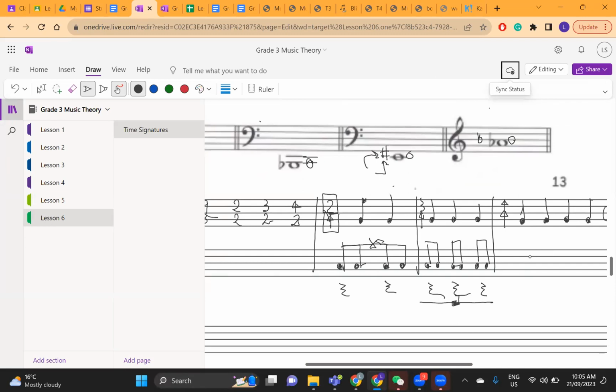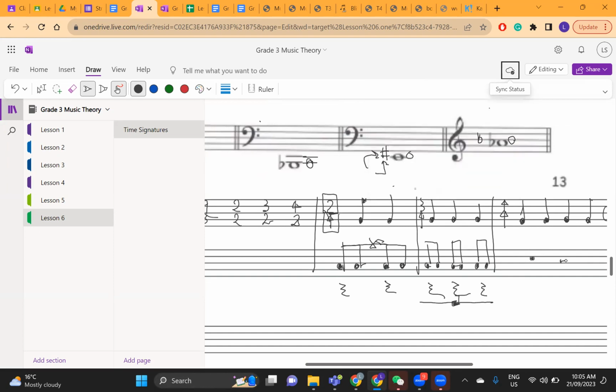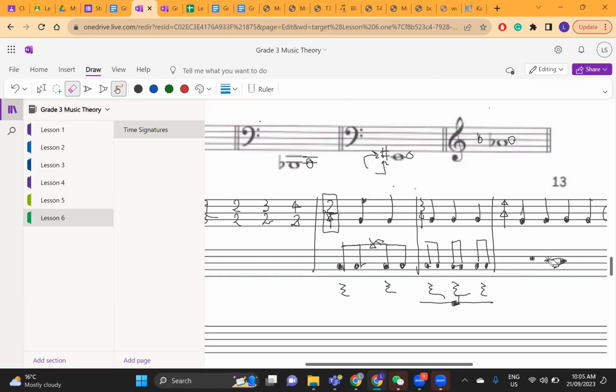A semibreve rest sits just below the fourth line. A minim rest sits just above the third line.